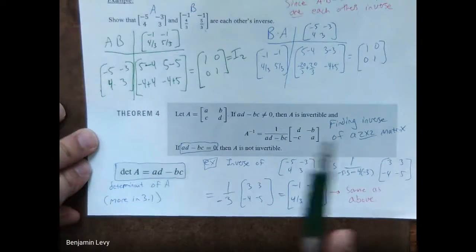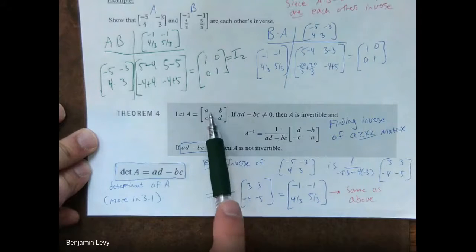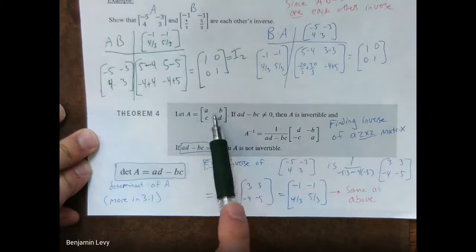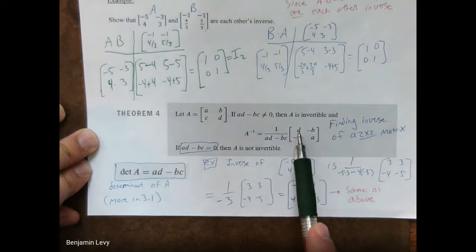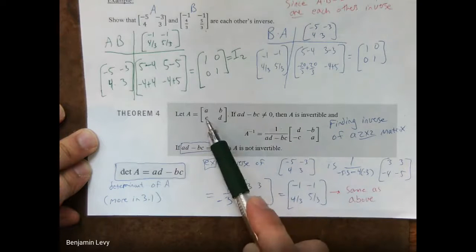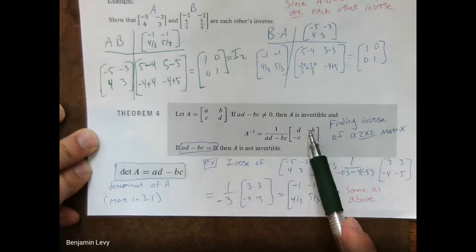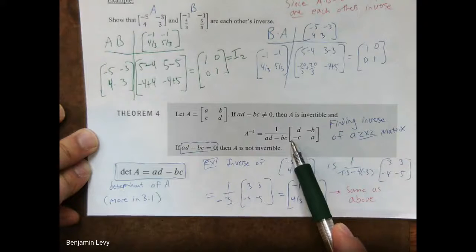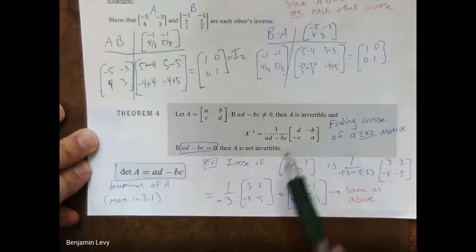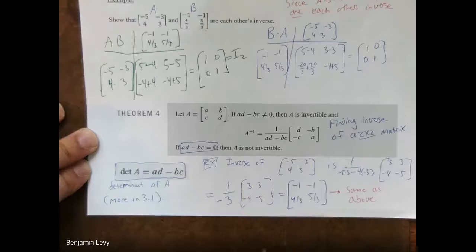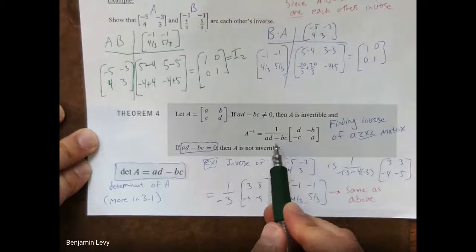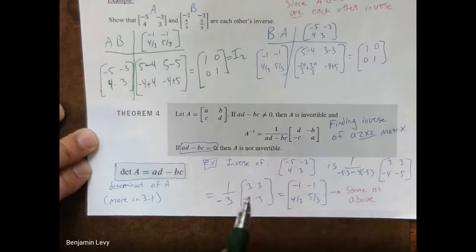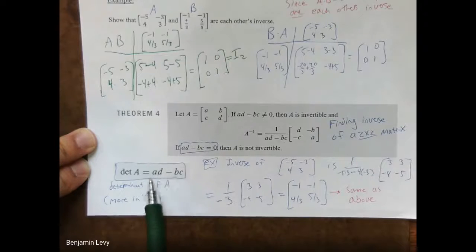So if you've got a 2 by 2, you just switch the order of the first and the last entry. So instead of A and D, it becomes D and A. And then you leave C and B in the same spot, but you just switch the sign. So if they were negative, they become positive, and if they were positive, they become negative. And then you divide every entry by the determinant, which is what's in chapter 3, which is AD minus BC.